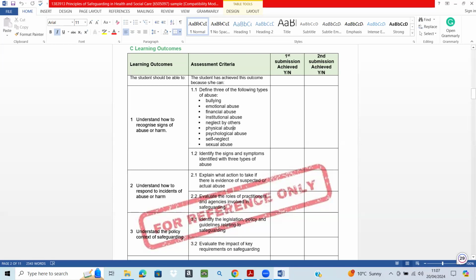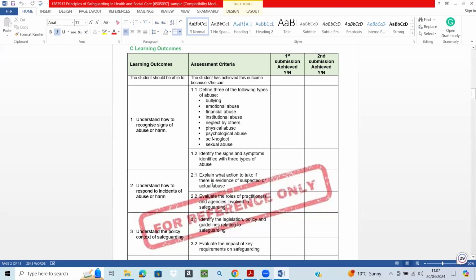If there is financial abuse, how will we find out? We can check their bank statements and things. The signs and symptoms may include that they don't have any money for buying any food product or anything like that. So there would be some signs and symptoms which we need to identify.